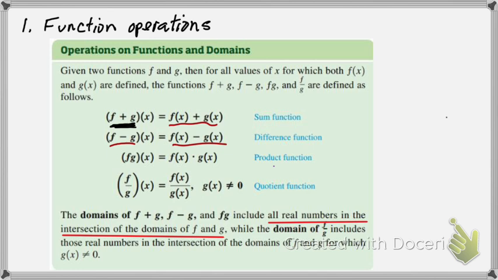And in addition to that, the domain of f divided by g, you got to be careful so that this bottom number down here is not zero. That's what this is saying. So you've got an extra thing to check for on the division problems. So the add, subtract, multiply, and divide, they're just like any other add, subtract, multiply, and divide. It's just with functions. And then with the domains, we got to see about their intersection, so we'll know what that means. So let's talk about the intersection then.